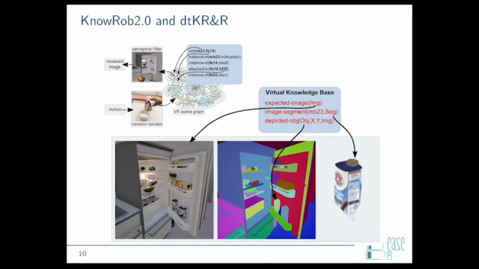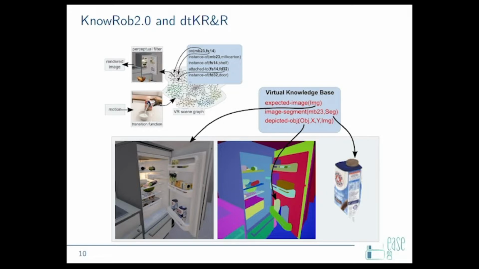The other thing we want to do is cast this representation as if it was a symbolic knowledge base. This way we are getting additional logic predicates, something like expected image, which means that this is an image that the robot expects to see when it captures an image with its camera.